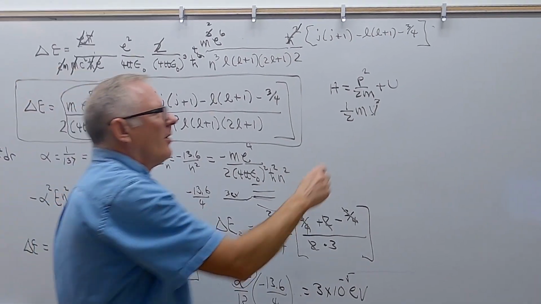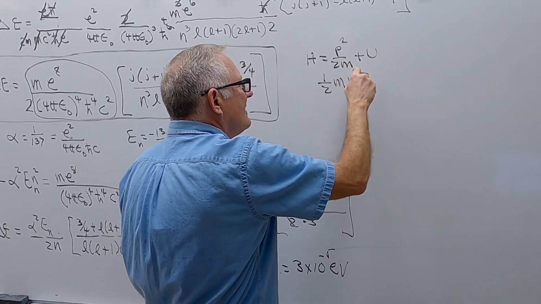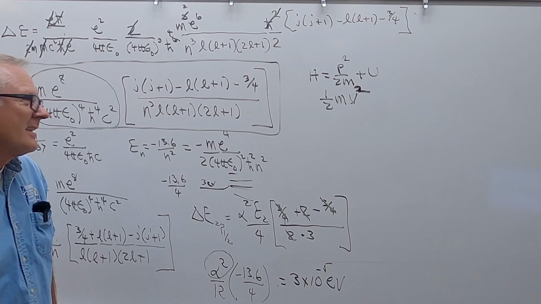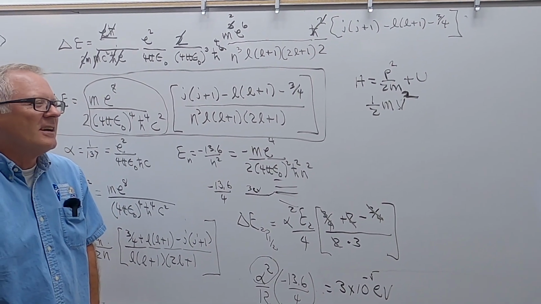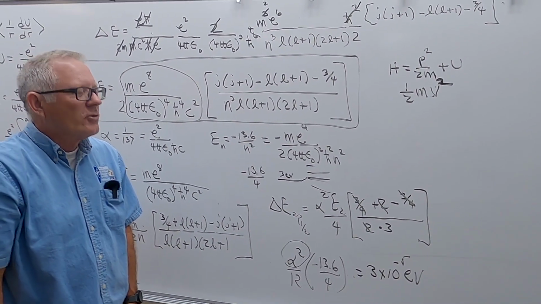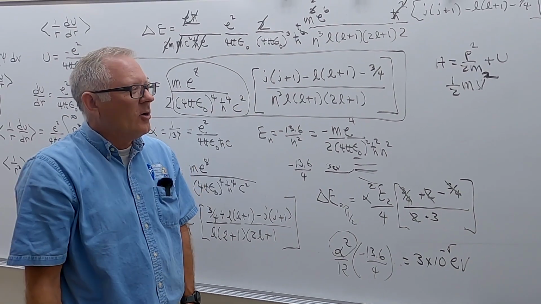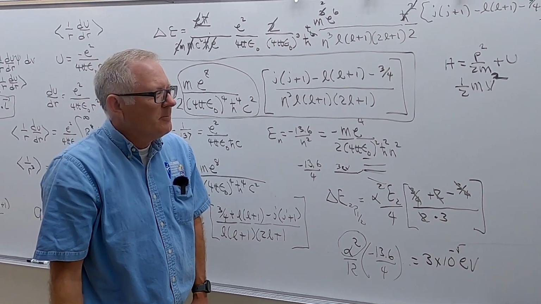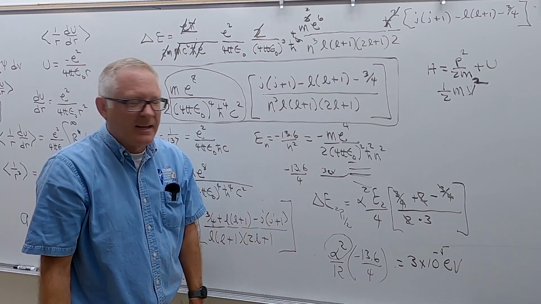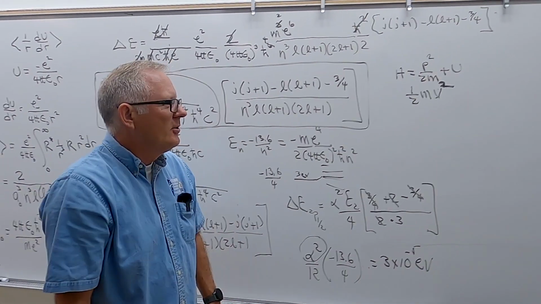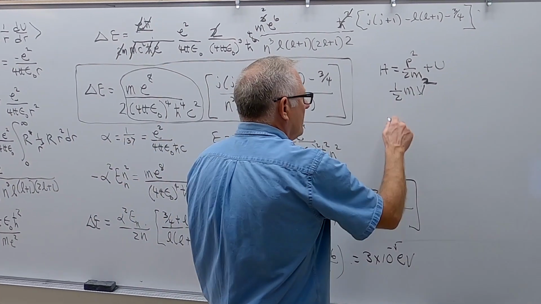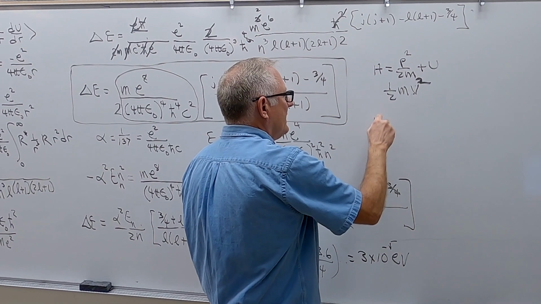Well, we know that the kinetic energy is only true when you're going slow. We already know when you're going really fast, that doesn't work for the kinetic energy. What did we say the kinetic energy was?